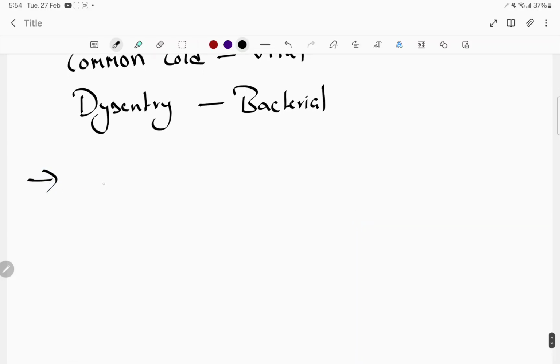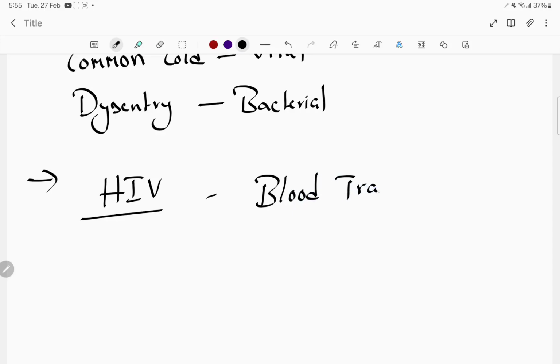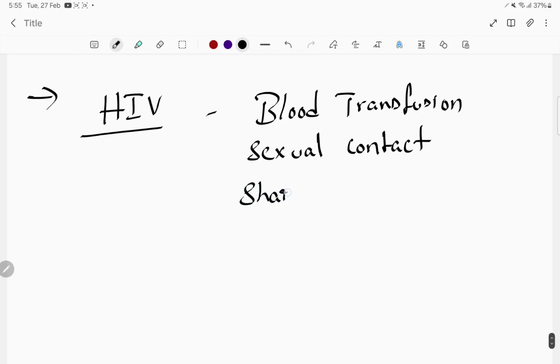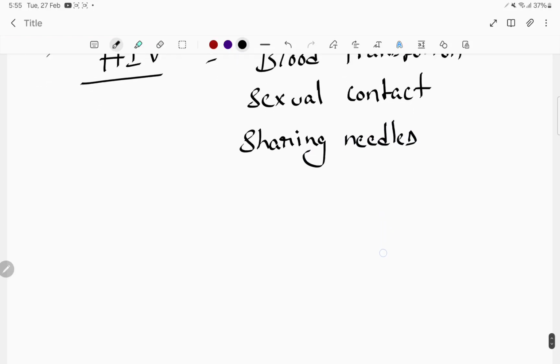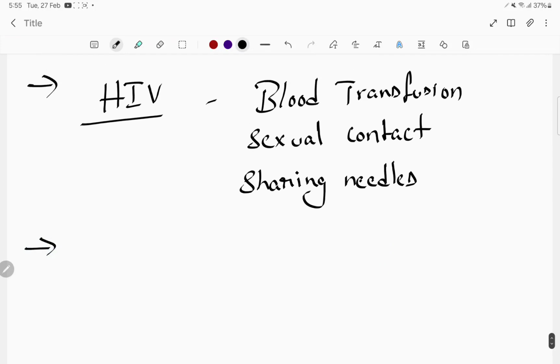What are the reasons for transmission of HIV? Blood transfusion, sexual contact, sharing needles, okay, mother to child.